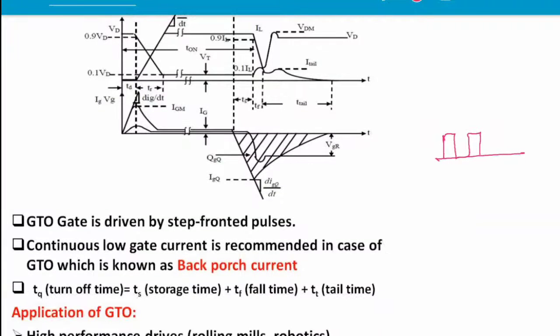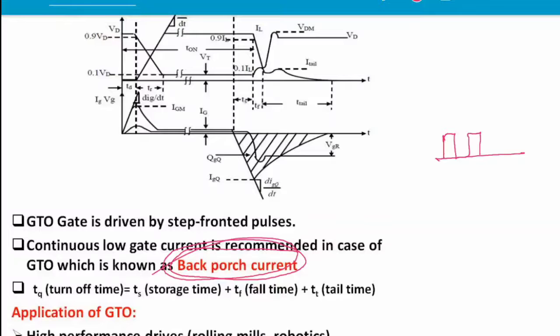Next, continuous low gate current is recommended in case of GTO, which is known as back porch current. So a question can be asked, back porch current is related to which device? Options may be GTO, MOSFET, IGBT, thyristor, etc. Here the answer will be GTO. What is back porch current? In case of thyristor, if we remove the gate current, then the anode current will continue to flow.